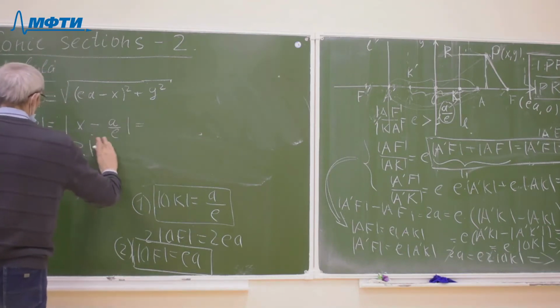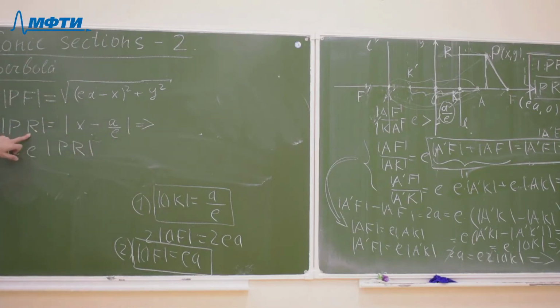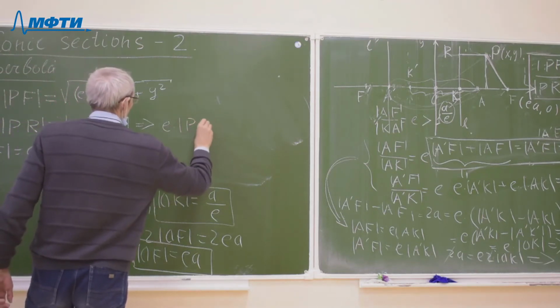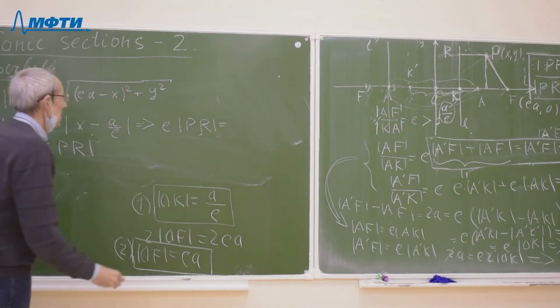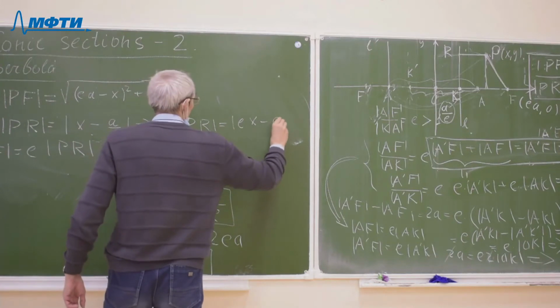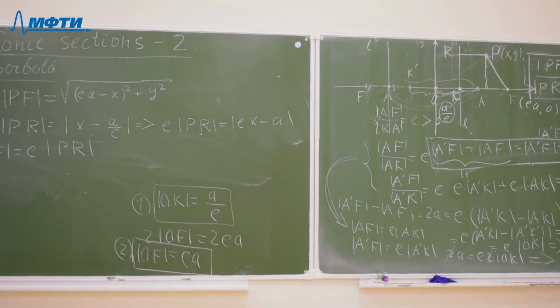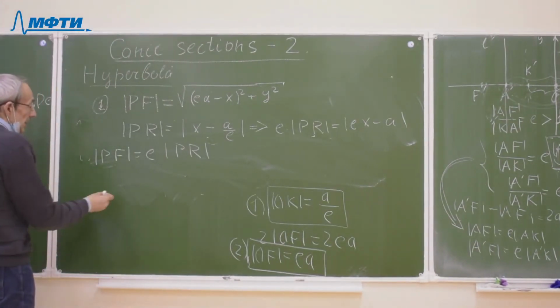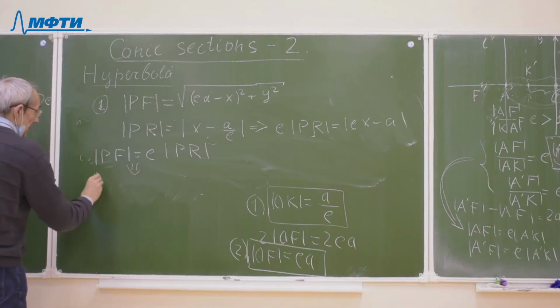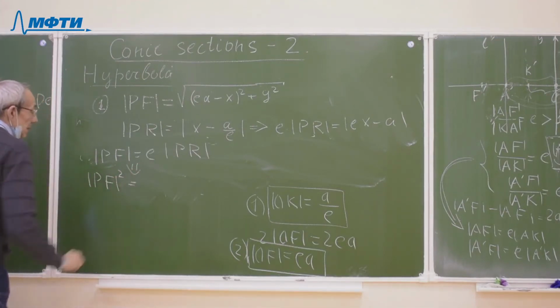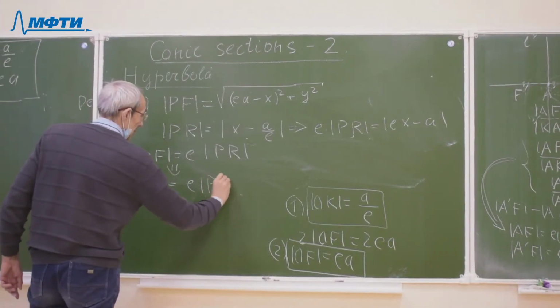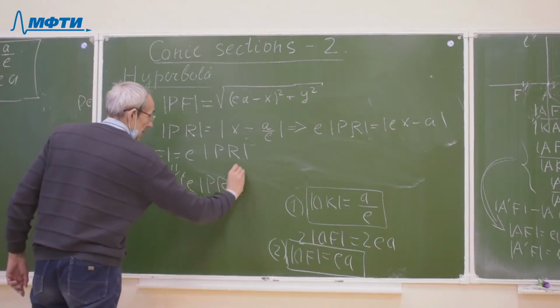And from this equality, we obtain that the product E times PR is equal to EX minus A. And using this expression, we obtain that PF squared is equal to the product E times PR squared.